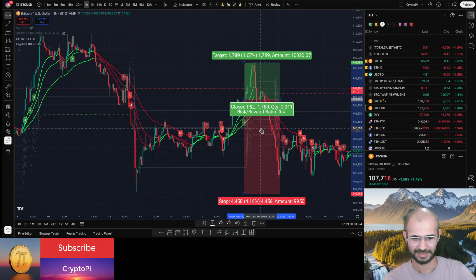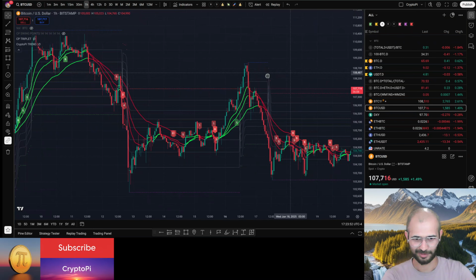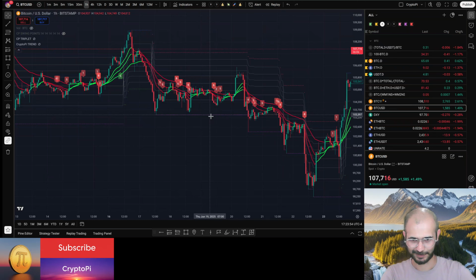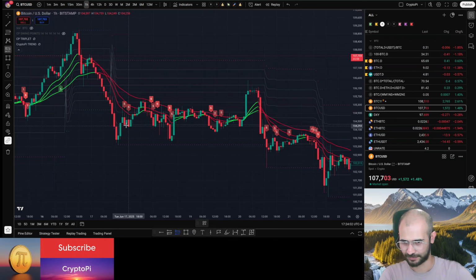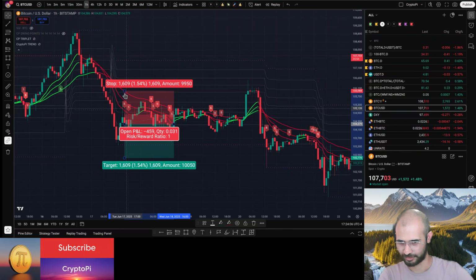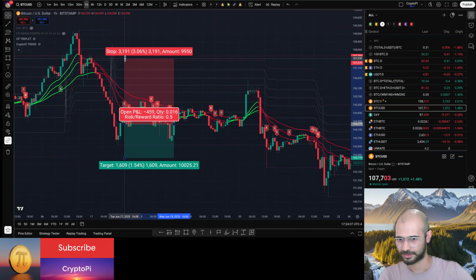Okay, maybe let's take an example where we do achieve a risk to reward ratio of at least 1-to-1. Let's say here in this one, I take a short trade with my stop loss on this point at 3% far away.